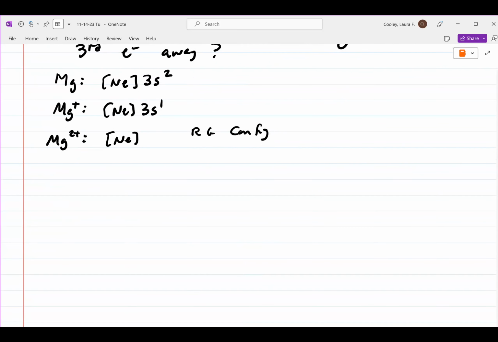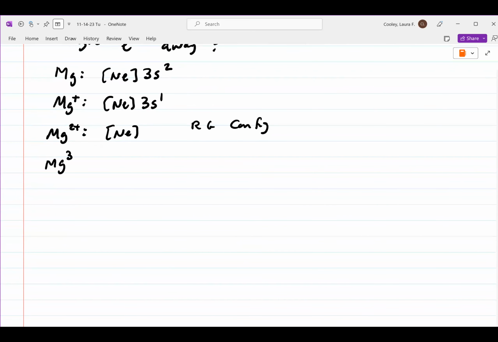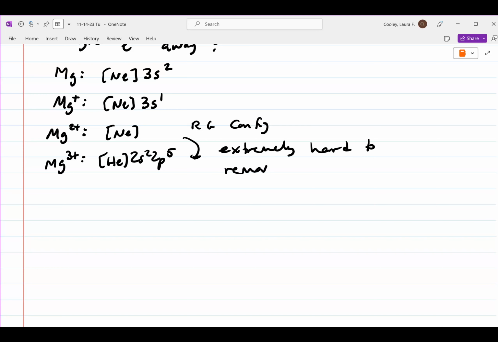If you try to take the third electron away, it's going to have to come out of that rare gas configuration, out of that core, and you'll end up with 2s2, 2p5. So apparently, it's extremely hard to remove an electron from the rare gas configuration or the core electrons.